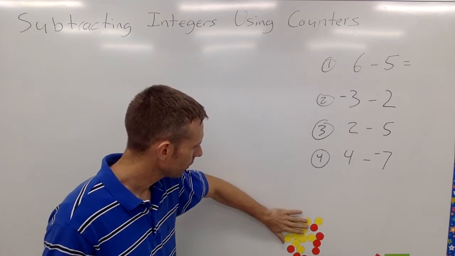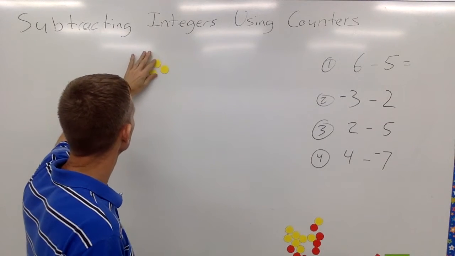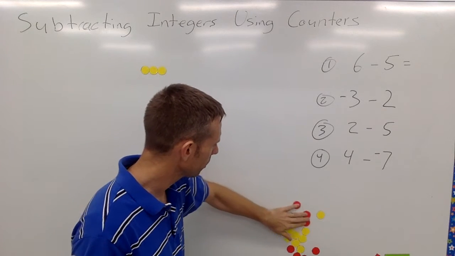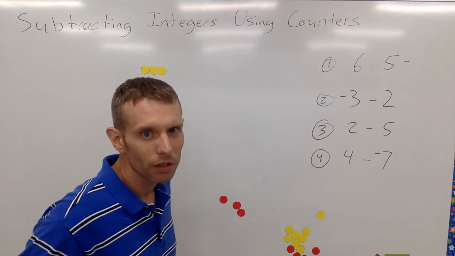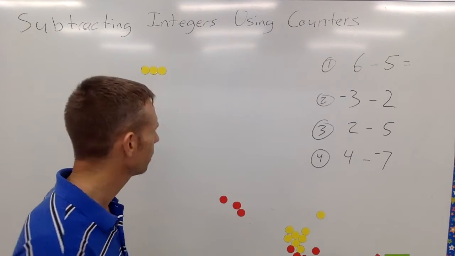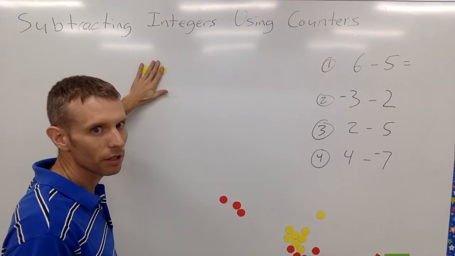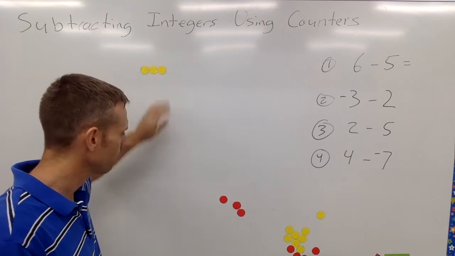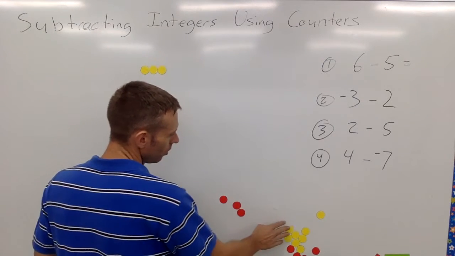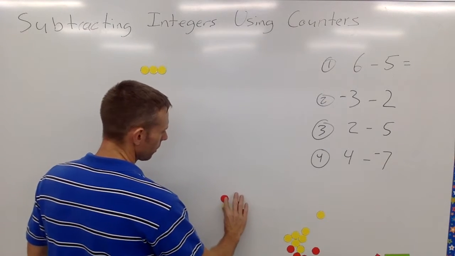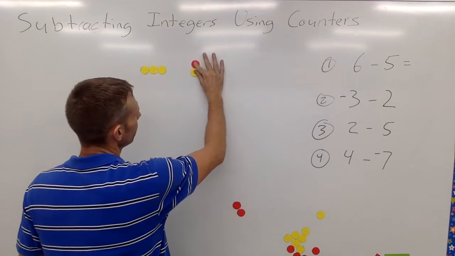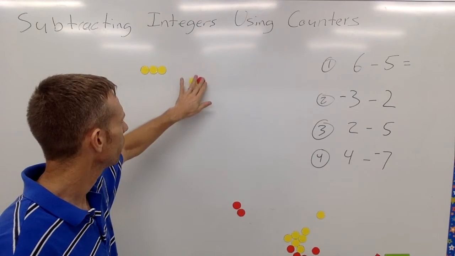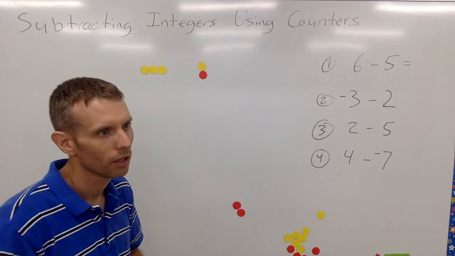But actually, before we even start, I want to show you one principle here, and this is going to be key to understanding subtracting integers using counters. Here I have represented with the yellows a positive 3. Now, we know from before that a positive and a negative together cancel each other out, and we usually call that a zero pair or maybe a zero sum.